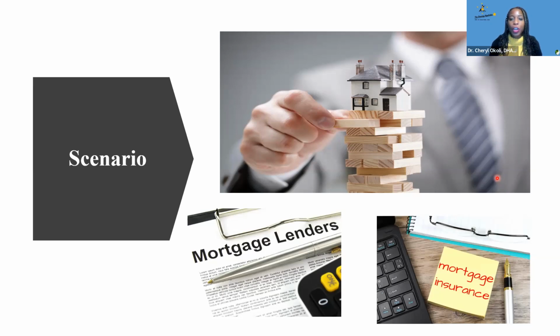So this first picture on top here, think of it as a mortgage provider. That's the party that loaned you your mortgage for your house, okay? Over here, we have the mortgage lenders. Some people call mortgage lenders service providers or service lenders. And then you have the mortgage insurance company. Let me break this down for you because it can be a little bit confusing, but you get to understand where I'm going with this.